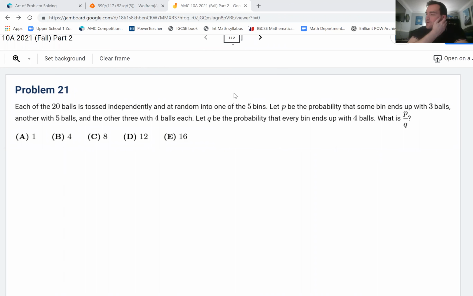So how can we think about that? If we assume the balls to be indistinguishable, then one bin will contain 5, one bin will contain 3, and the other 3 will contain 4, and we just want to see how many different ways there are to arrange those numbers.